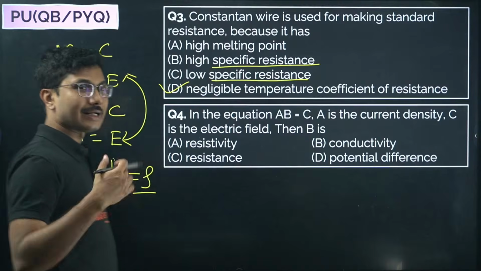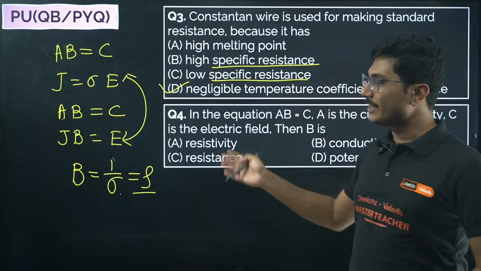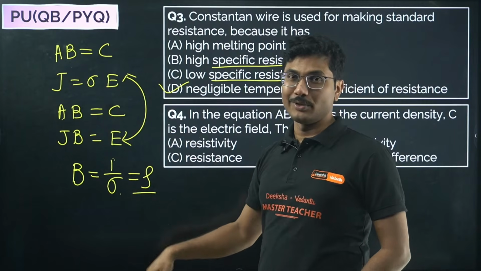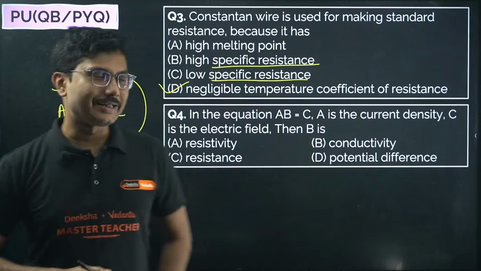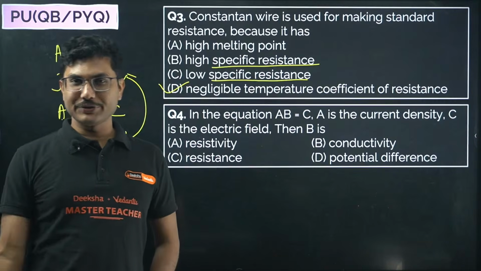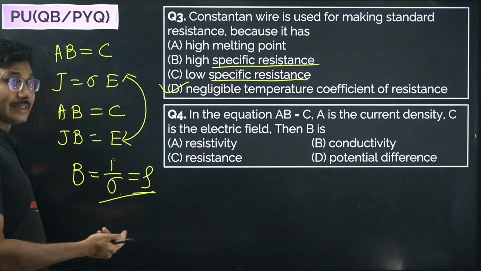So resistivity and conductivity are step brothers. They are inverse of each other. If one is high, another one will be low. If one is low, another one will be high. A good conductor has a very low resistivity, a bad conductor has very high resistivity.